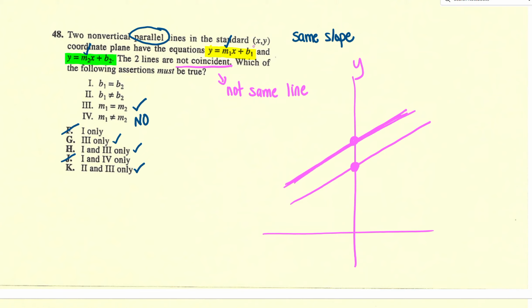So therefore, the b values would have to be different. They cannot be the same. So 2 and 3, those are the two things that have to be true. Now that one was a little bit more difficult, but I definitely think some of you can get that, and some of you guys would be able to maybe eliminate some answers to get your guessing better as well.